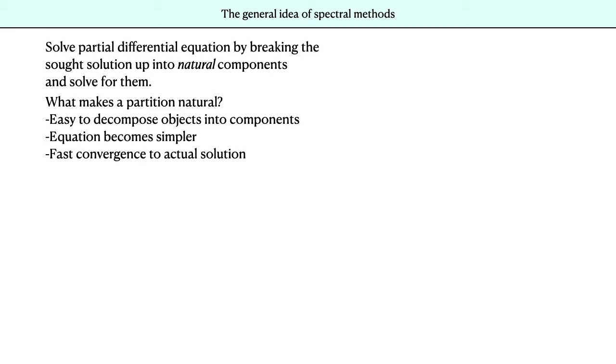The equation should be simplified by this process, and if possible, one also hopes for rapid convergence using these components. So it's a mix of efficiency and accuracy that one seeks when using spectral methods. Now, the first example was a very successful application of spectral methods because all these three parts were satisfied.